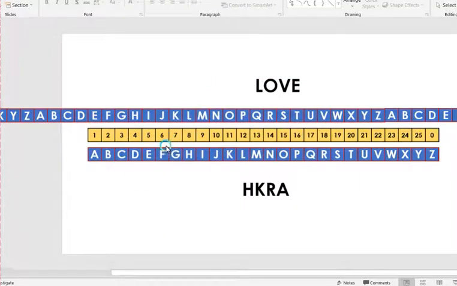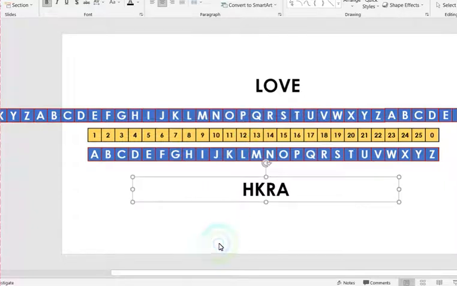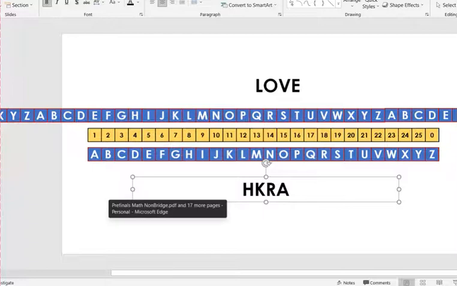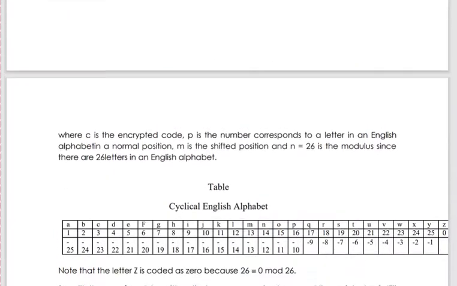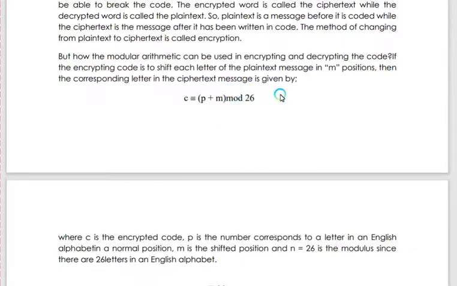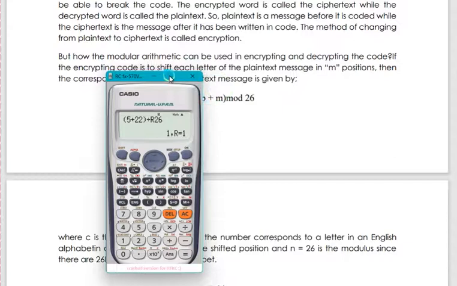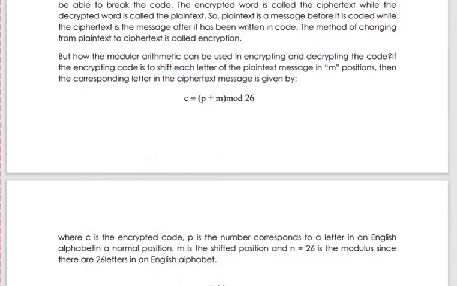So we have L, L is 12. So 12 is the original number of L. If we use the modulo representation mentioned earlier, that is P plus M modulo of 26.